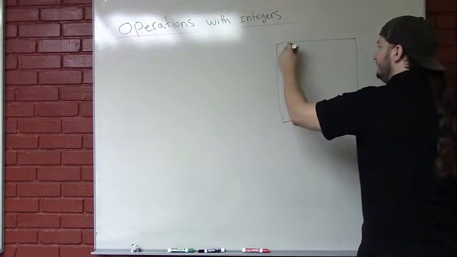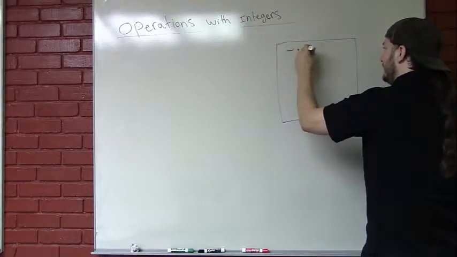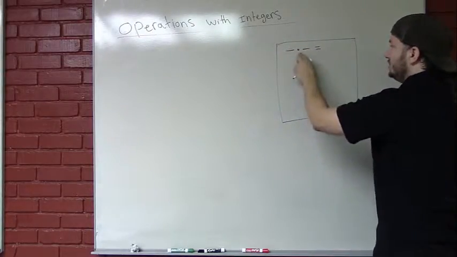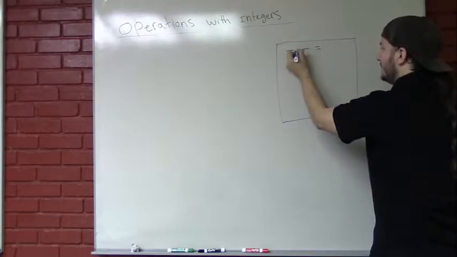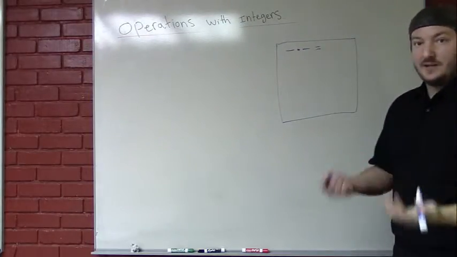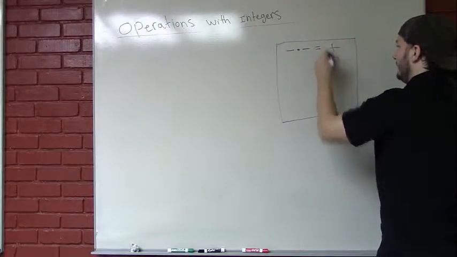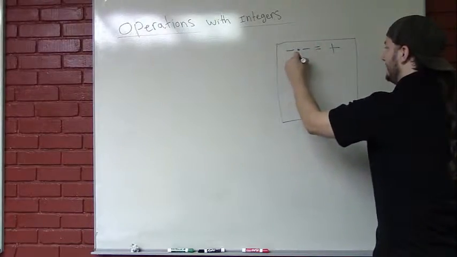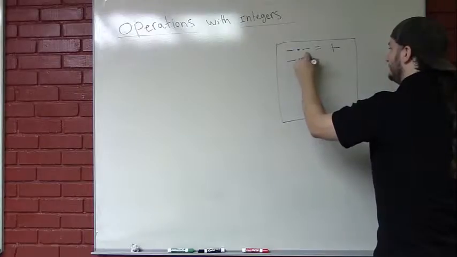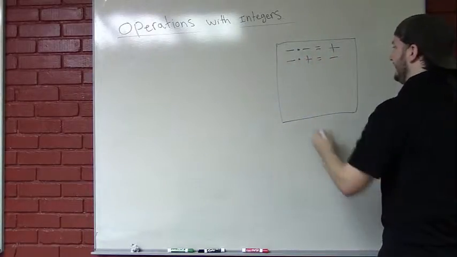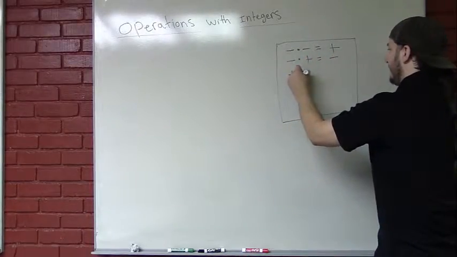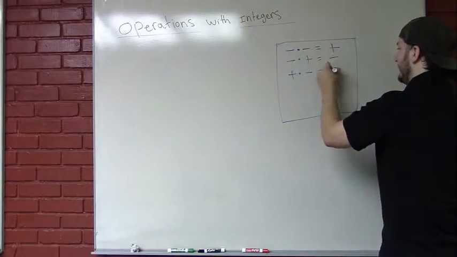So, a negative times a negative. And in case you didn't know, this little dot here indicates multiplication, okay? So negative times a negative equals a positive. A negative times a positive equals a negative. A positive times a negative equals a negative.